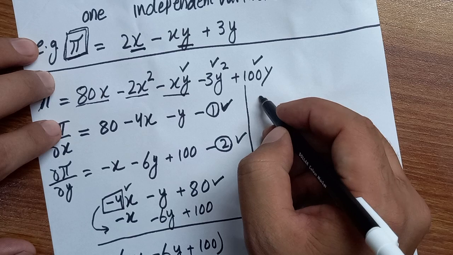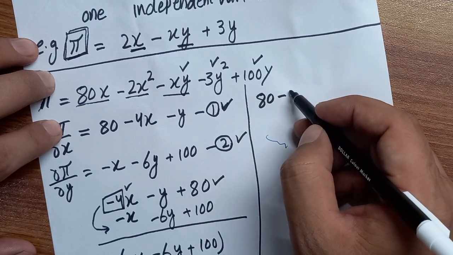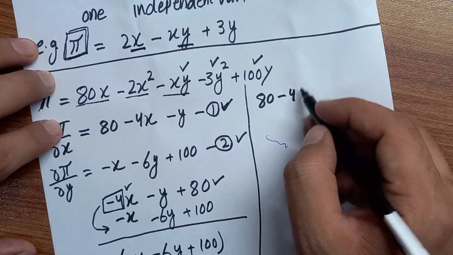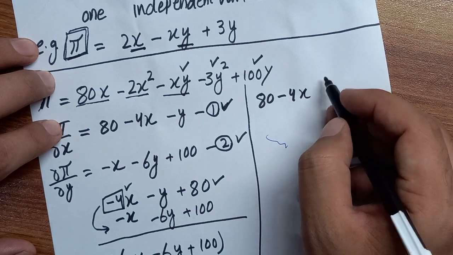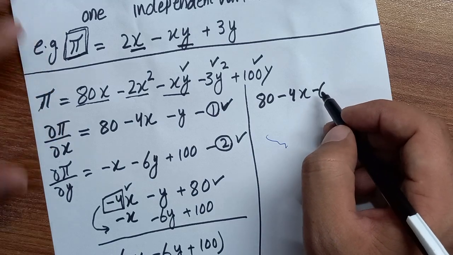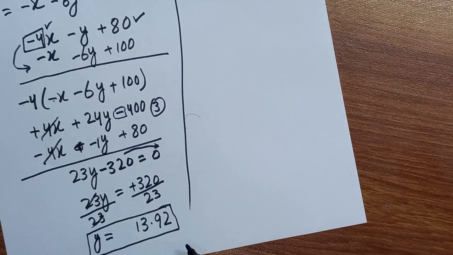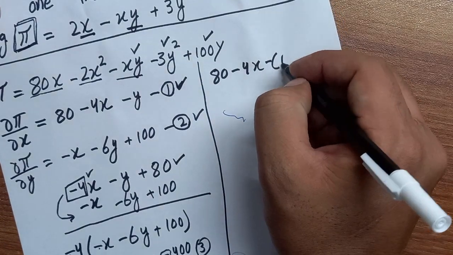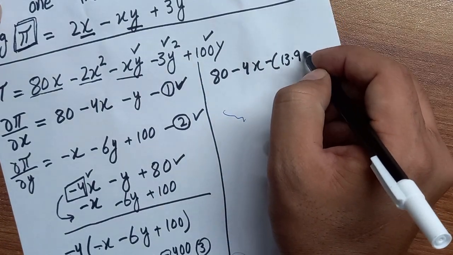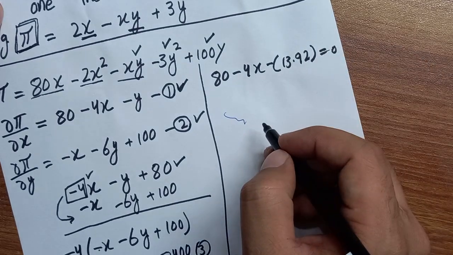So 80 minus 4x minus y. Instead of y, I will write the value of y. So the value of y is 13.92. 13.92 is equal to 0.